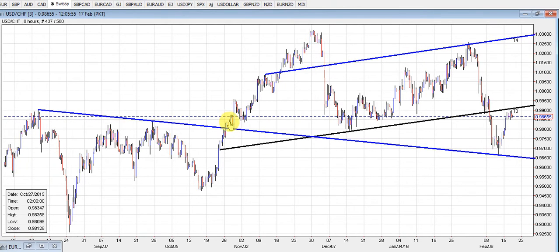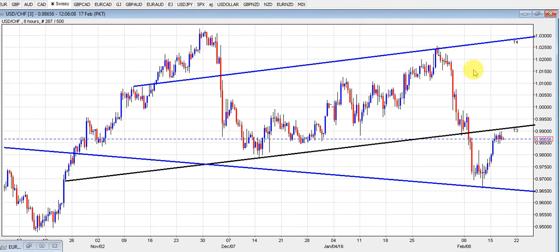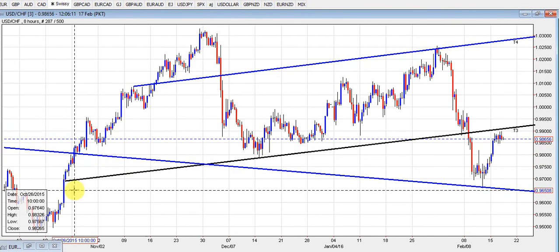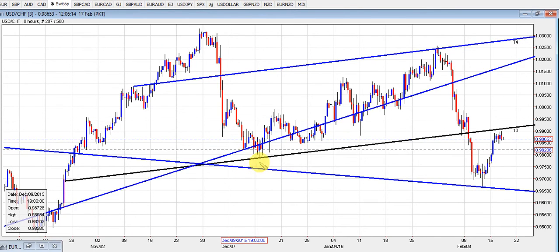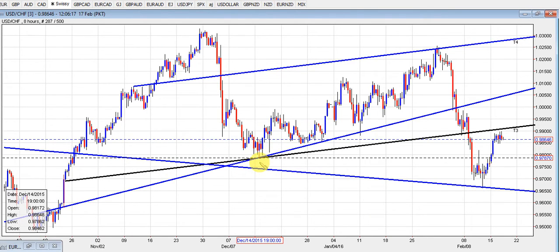This is an initial breakout, this is a current breakout, so the price is right in between the two breakouts.